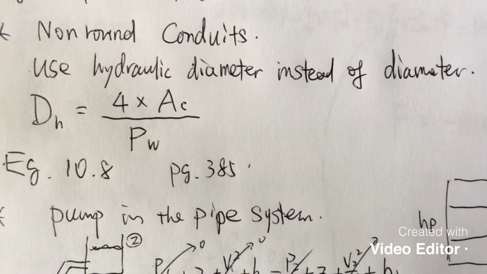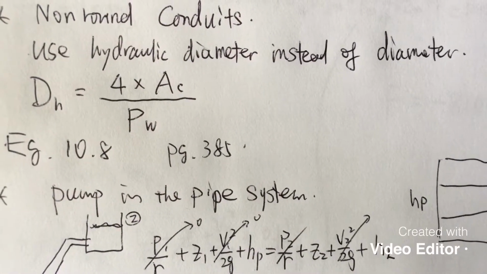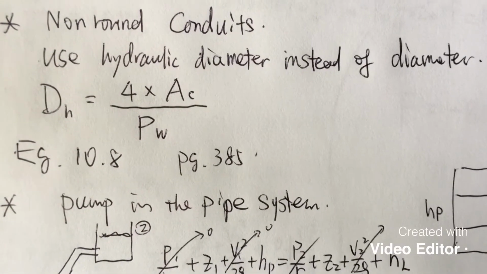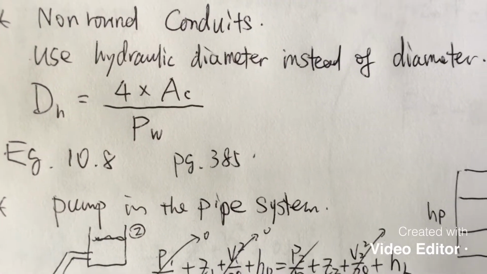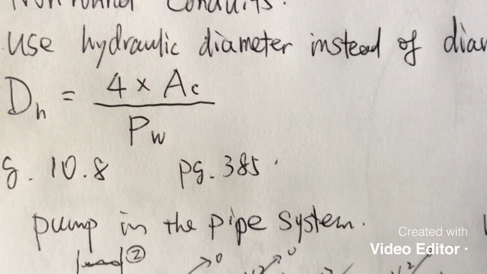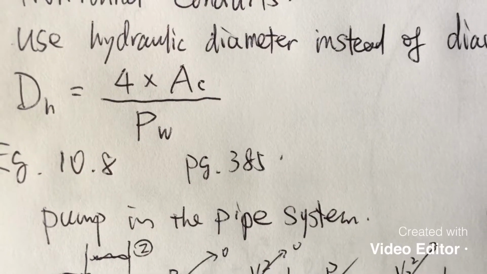For the non-circular pipe, you don't have a diameter, right? But you can calculate a hydraulic diameter, a representative diameter of that cross-section. The hydraulic diameter equals 4 times cross-sectional area divided by the wetted perimeter.